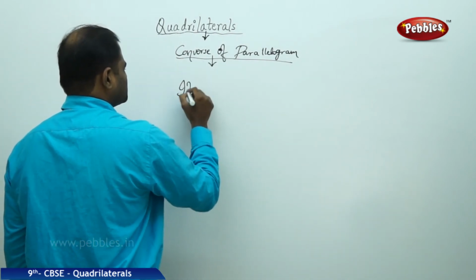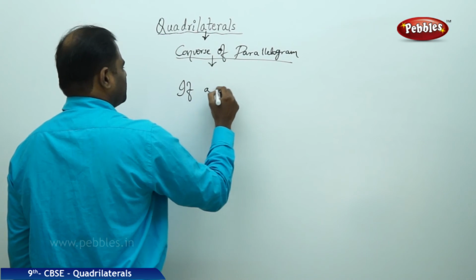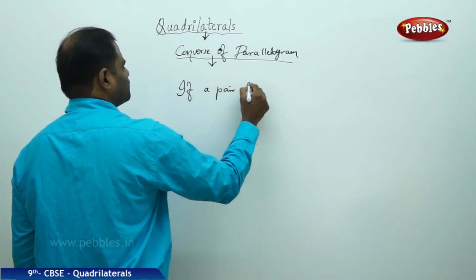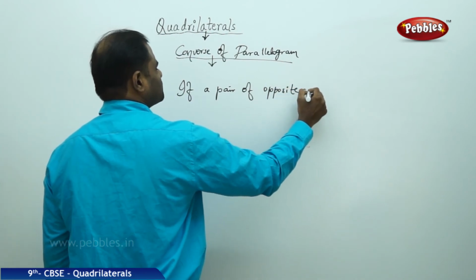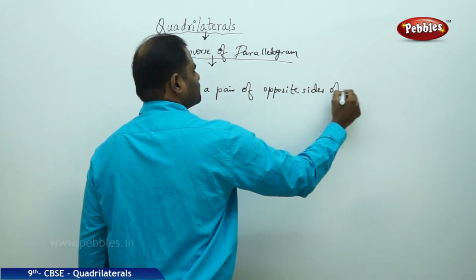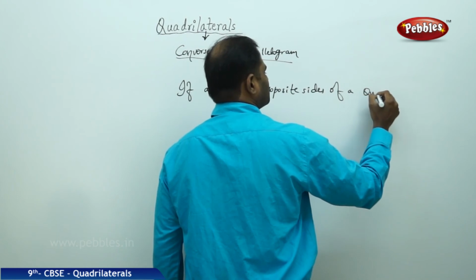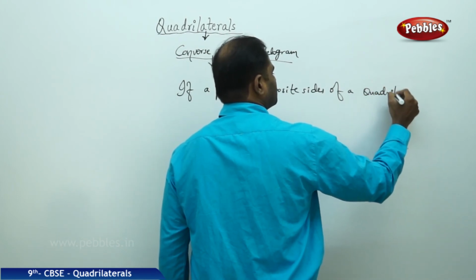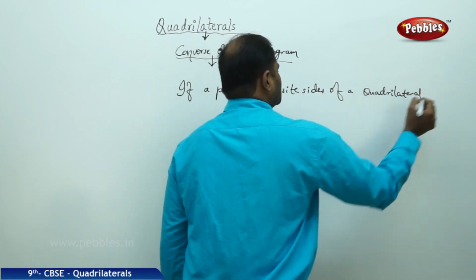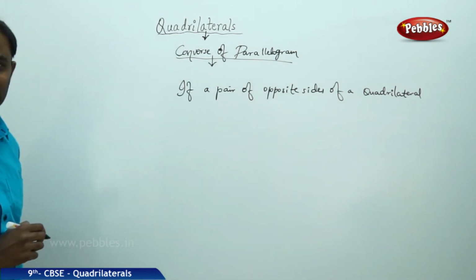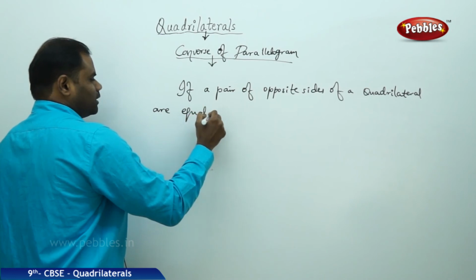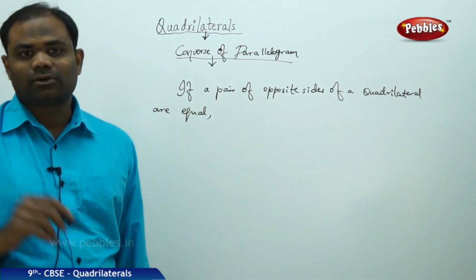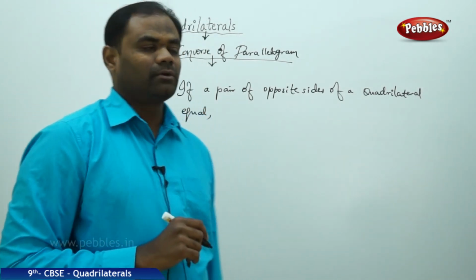The converse says if a pair of opposite sides of a quadrilateral are equal, then the quadrilateral must be a parallelogram.